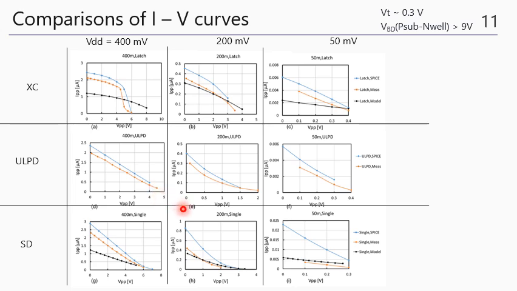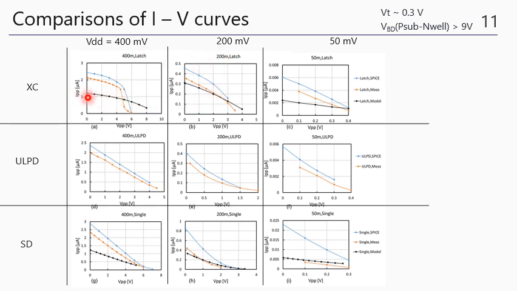Using the same data as the previous slide, these graphs compare the SPICE, measured, and model results for the XC, ULPD, and SD with different VDD. So SPICE and the measured curve are very close at 400 and 200 millivolt.